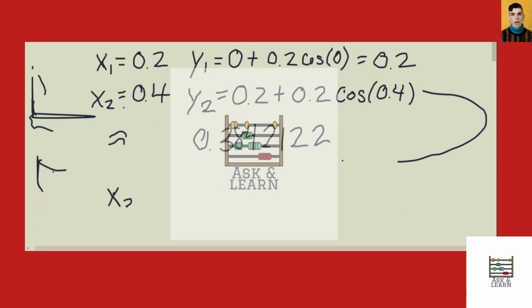x3 is going to be x2 plus our step size, which is equal to 0.6.